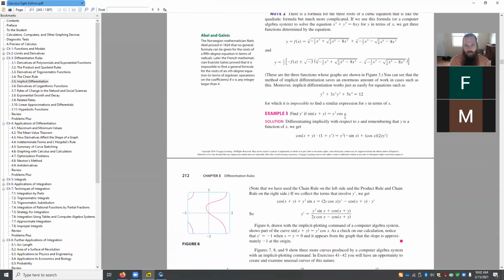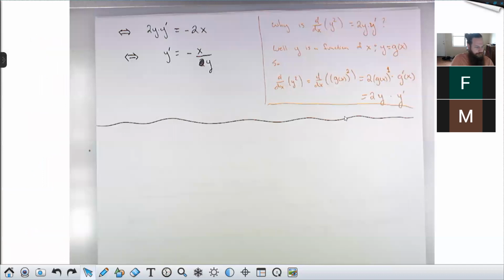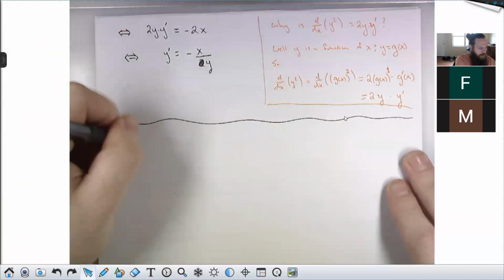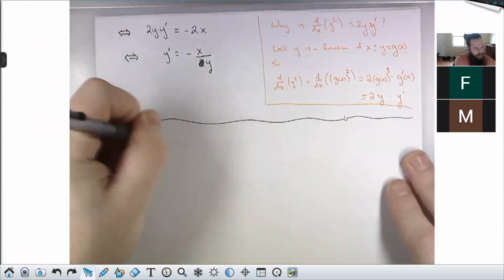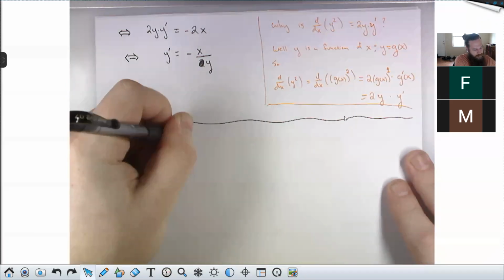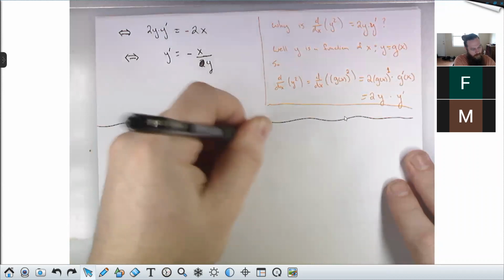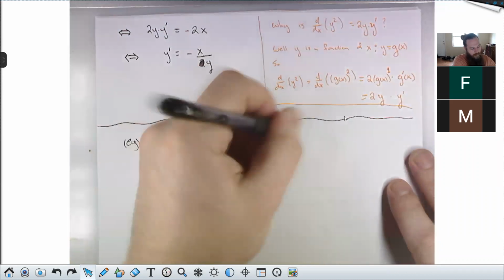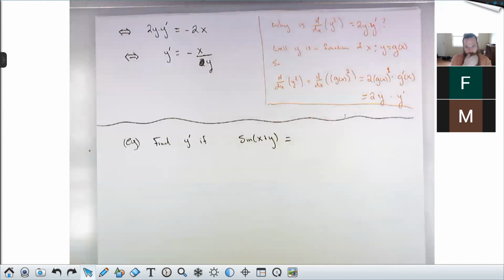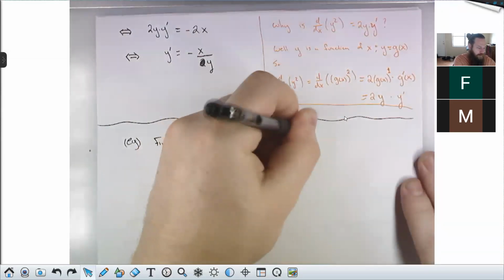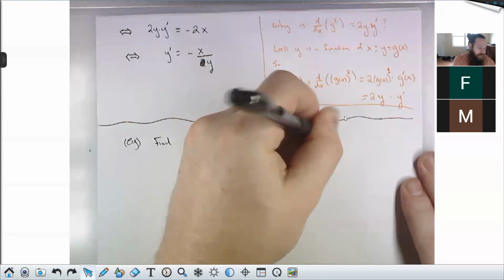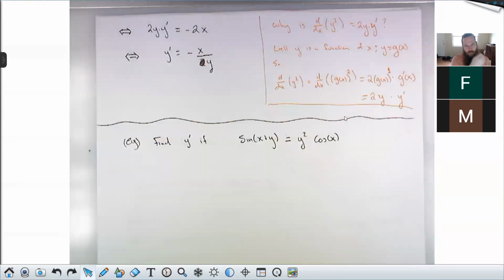Yeah, sine of x plus y equals y squared cos x. What do we have there? Y squared times cos x. Okay.